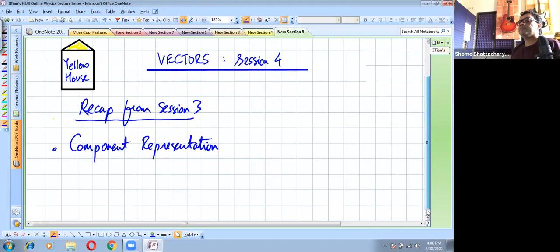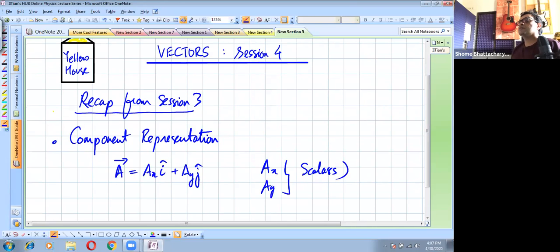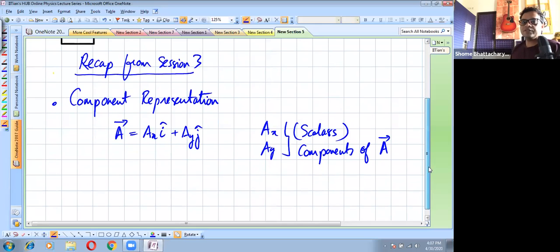And in that we saw that a vector can be represented by an equation like this: some number into i cap plus some number into j cap, where Ax and Ay are scalar quantities and they are components of the vector A, the x component and the y component. That is why sometimes they are also called Cartesian components, because they are according to the Cartesian coordinate frame system.